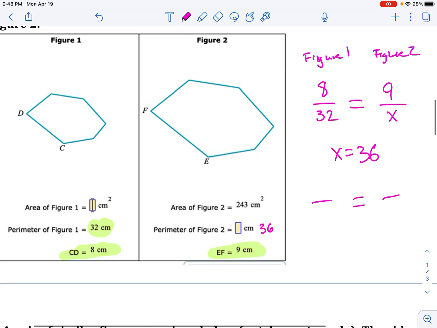So we need to take 8 and 9 and square them, which would give me 64 and 81. I'm just taking these numbers and squaring them to get 64 and 81, and then I can put my areas on the bottom. Well, since we were given the area of figure 2 as 243, we'll put it there, and we will figure out the area of figure 1 by cross multiplying again.